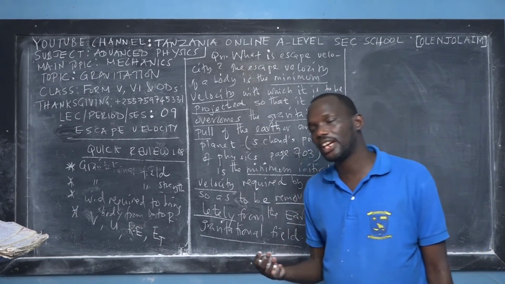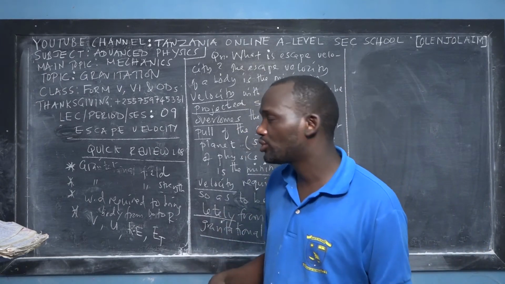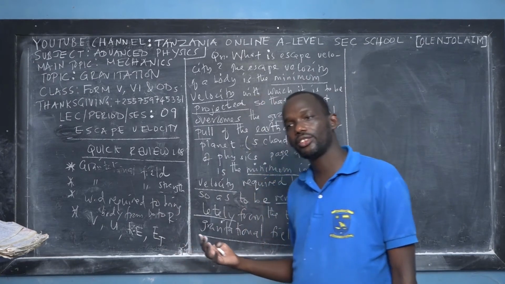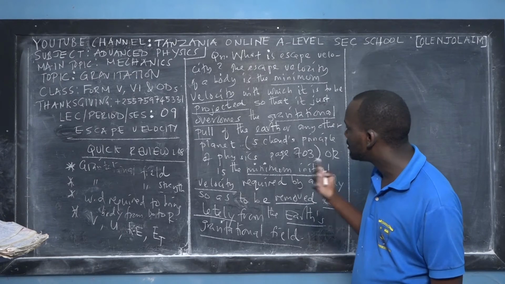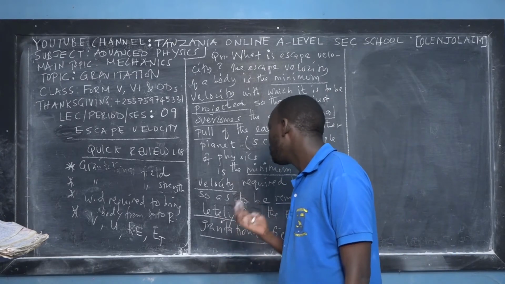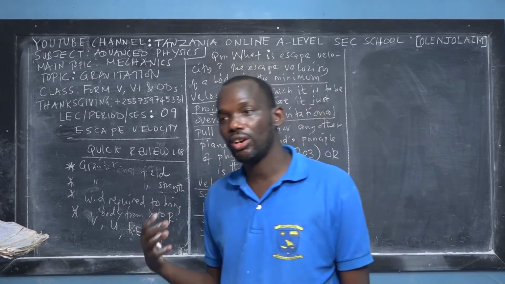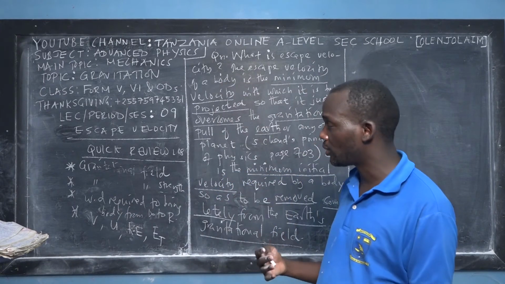So that's what we say, that we send the body outside of the space. It means that body will not be disturbed or challenged by the gravitational pull of the Earth. So that's the meaning of escape velocity.